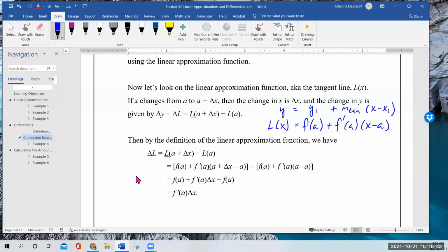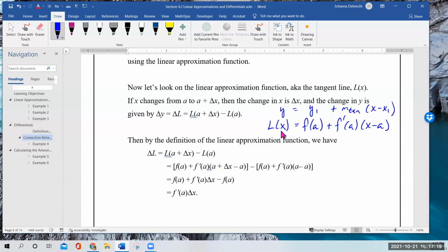It really is the tangent line. When we use the definition for L of a plus delta x, we still have f of a plus f prime of a times a plus delta x minus a. Notice that when we replace x with a plus delta x, this gives us an a minus a, which just becomes delta x.